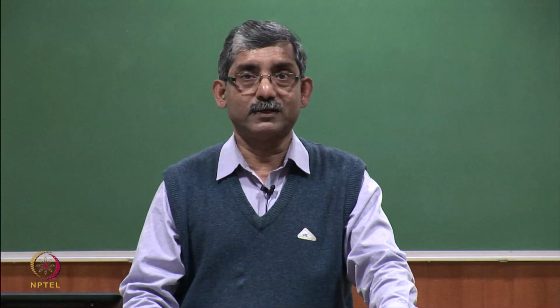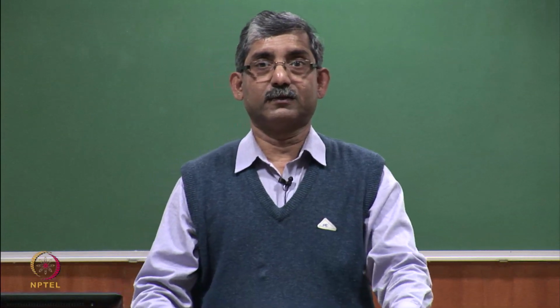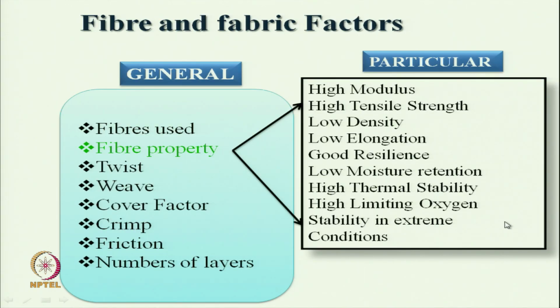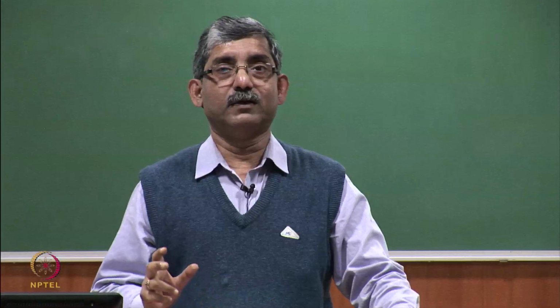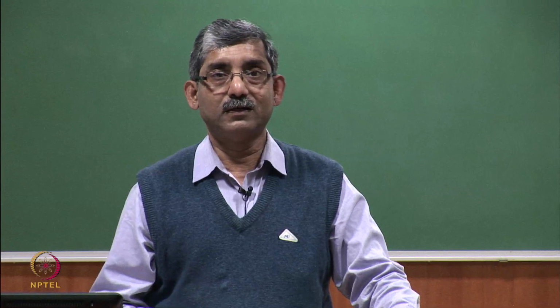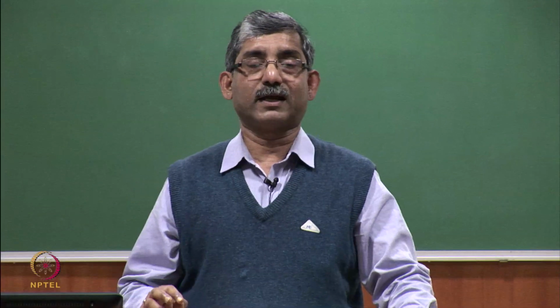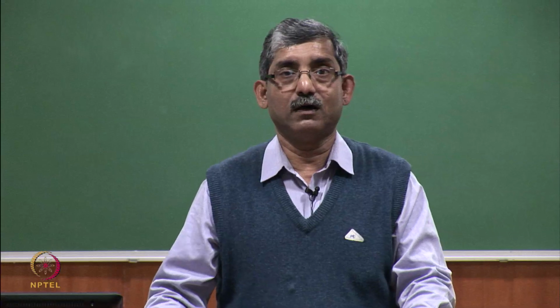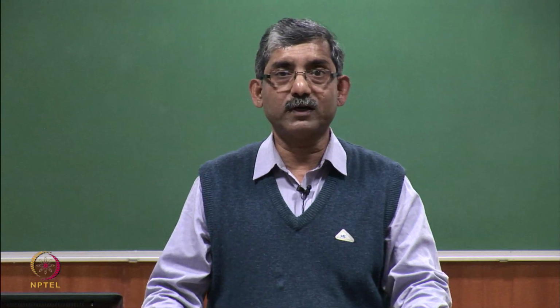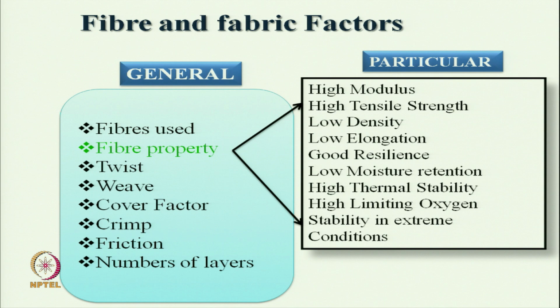Also, limiting oxygen stability in extreme condition. Sometimes it has been observed that at extreme heat or extreme cold condition, the fiber gets degraded or becomes brittle, and it will lose its characteristics. So, this fiber property is extremely important, because these body armors are used in extreme conditions also.